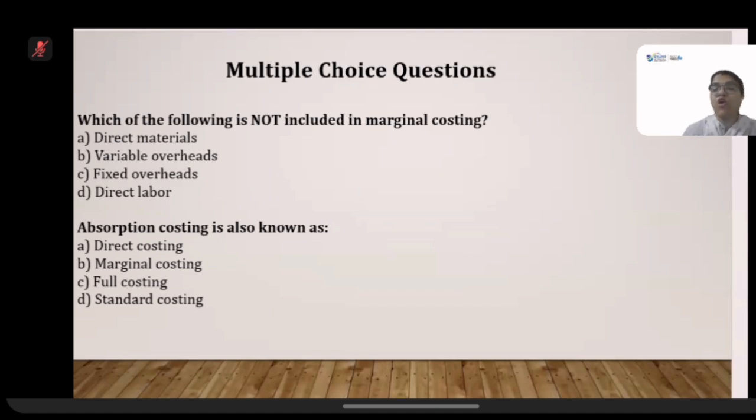Host, you can enable the chats so that they can answer this. Which of the following is not included in marginal costing? Marginal costing means variable, okay, understand that. Which cost will you not include in it? That is direct material, variable overheads, fixed overheads and direct labor. Answer it in the chat box.